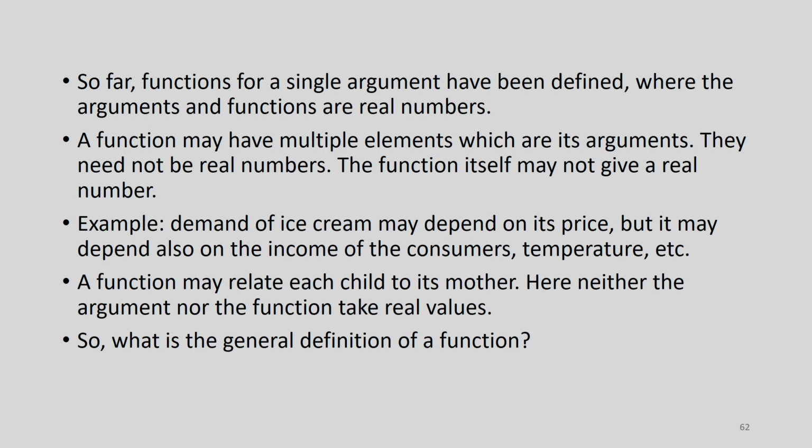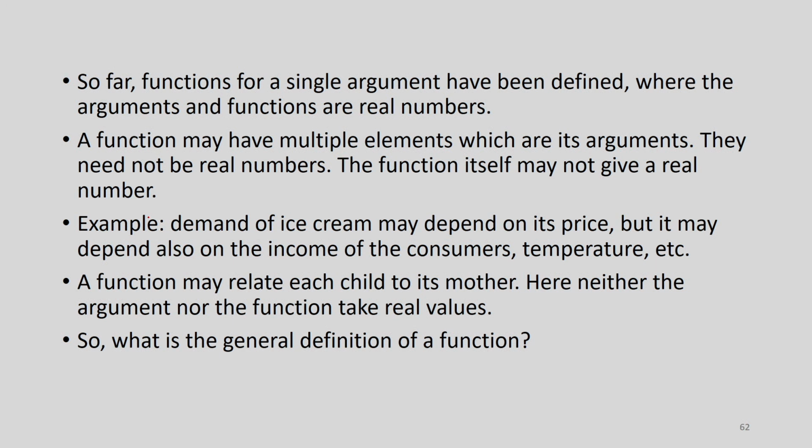Firstly, the functions may not be real numbers, they may be something else, some object, some person maybe, and secondly, the arguments may be multiple. It is not necessary that there is a single argument or single independent variable. So, there are some examples that I have given here.